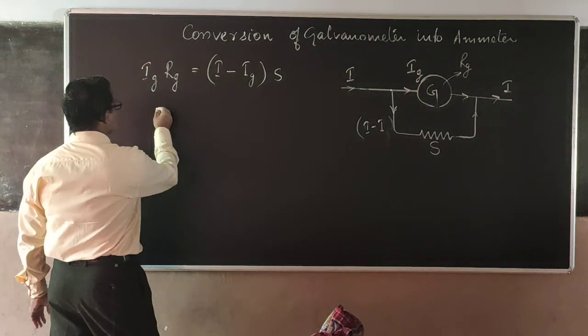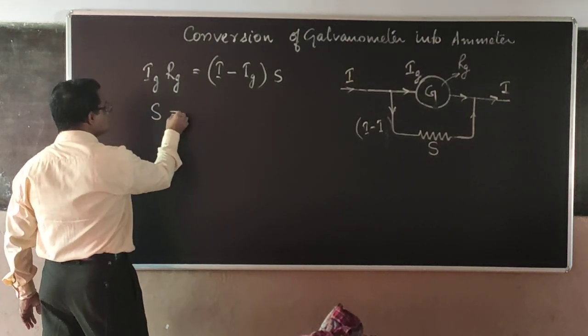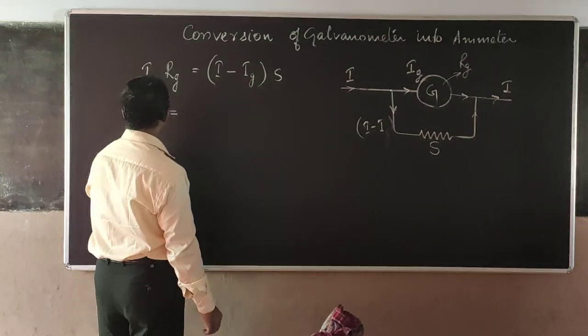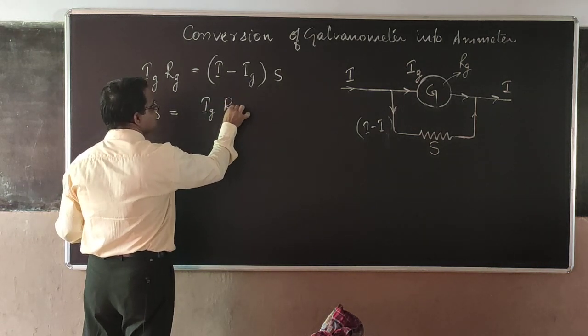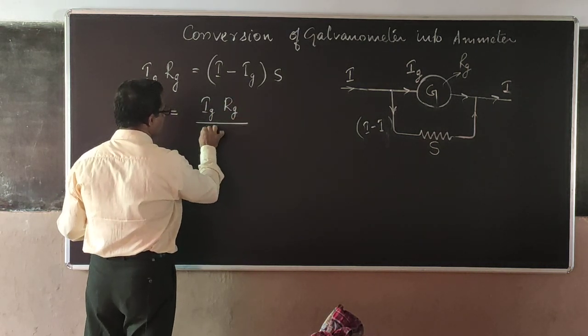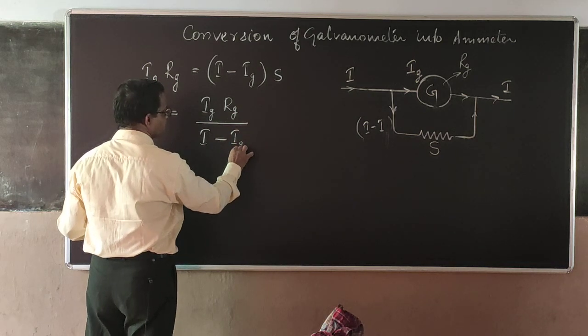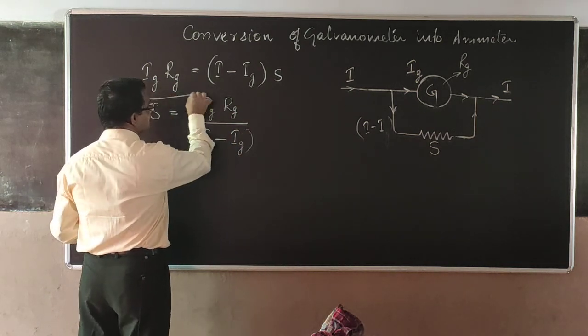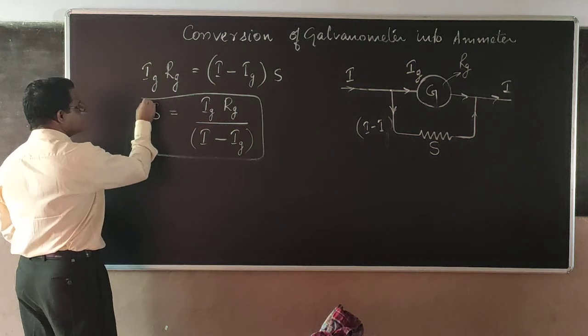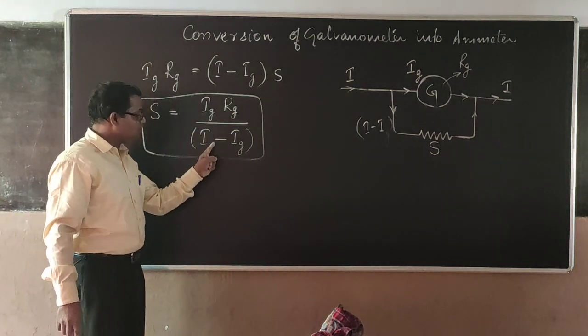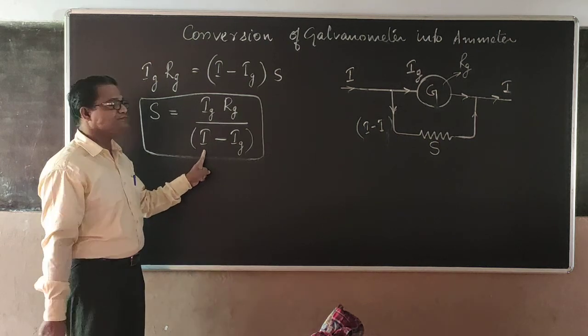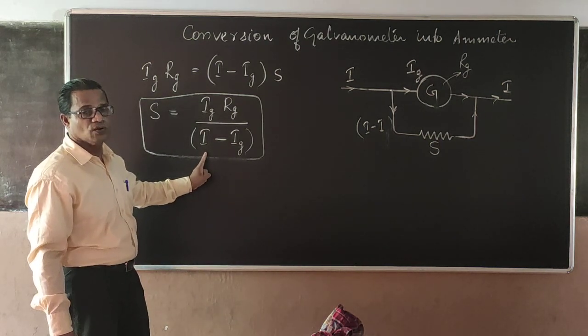From this, the shunt resistance to be connected is S equals Ig into Rg divided by I minus Ig. Using this formula, you can find the shunt to be connected, which depends on the range of the current to be measured.